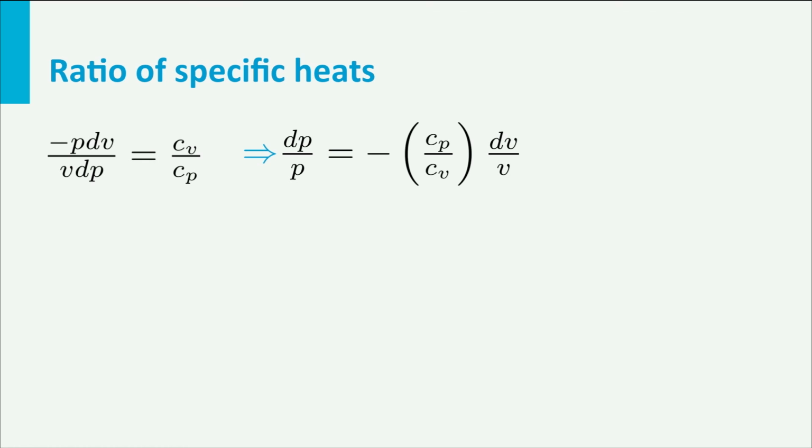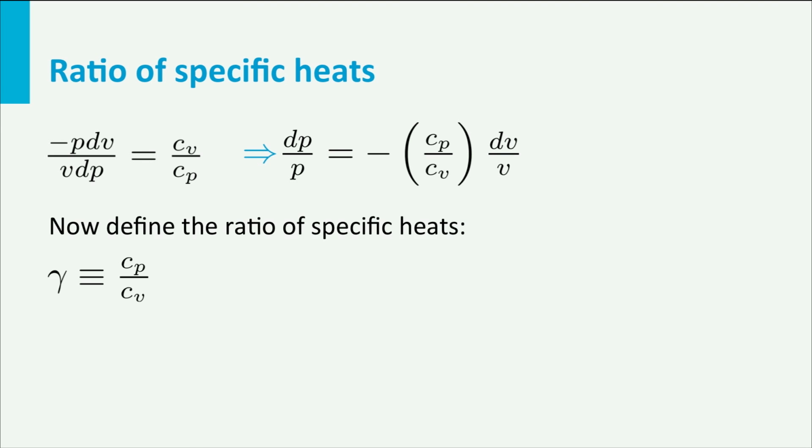When we divide the first by the second equation, we find dP over P is Cv over Cp times dV over V. We now define the ratio of specific heats, Cp over Cv, to be gamma. For air below 600 Kelvin, gamma is 1.4. So we have found dP over P is minus gamma times dV over V.